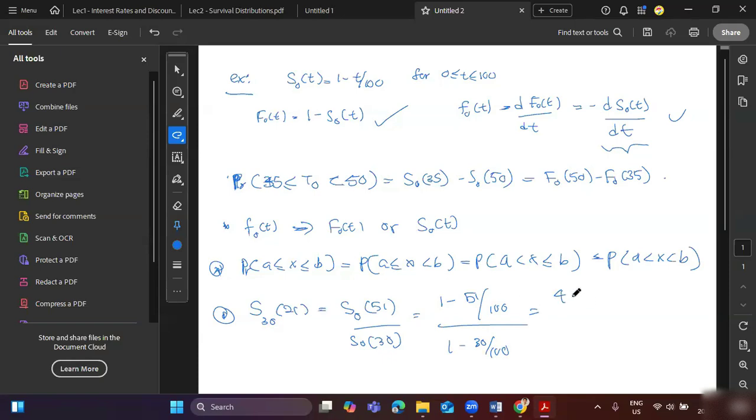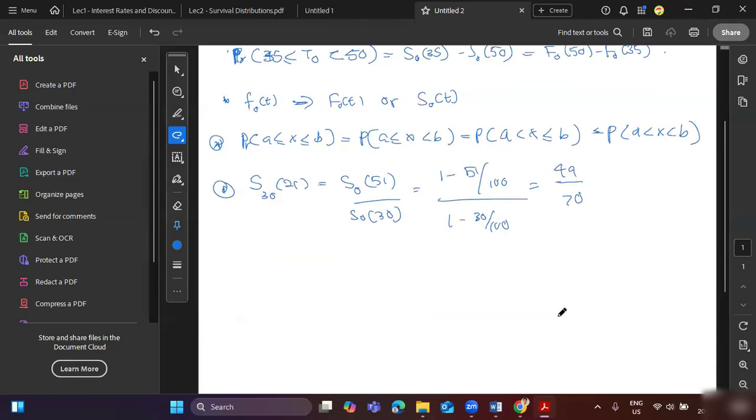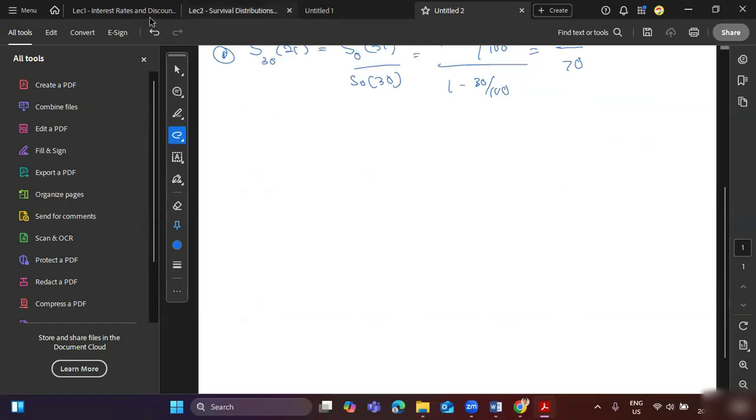So you can find the probability like this. That's how it works, and you can see that it's quite straightforward to work with.